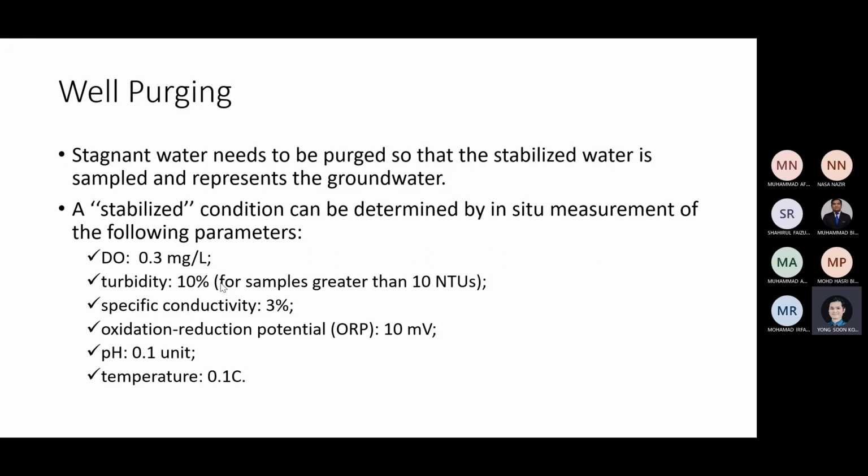But how do you know? During purging, you also measure at the same time. They will keep on fluctuating, yeah, they will keep on changing. So you will only stop when those parameters start to stabilize. When they stop changing, that is when you know, okay, you can stop already and start collecting your groundwater sample.